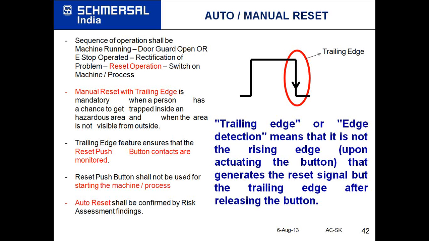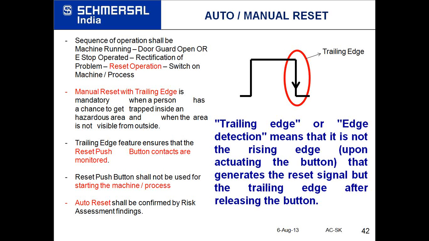So to avoid a reset push button failure, there is a feature called trailing edge or edge detection in the reset circuit. This is more of a feature of a safety relay, or the control logic part.